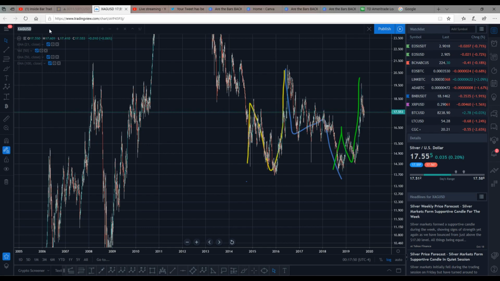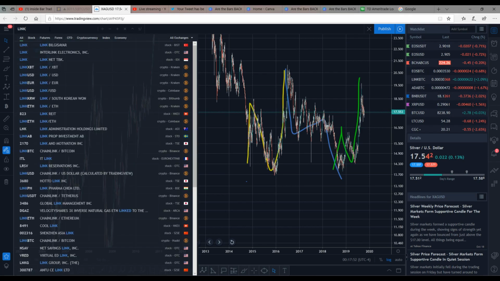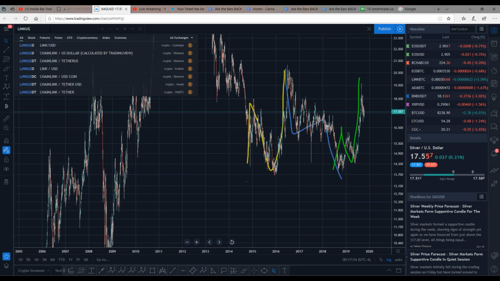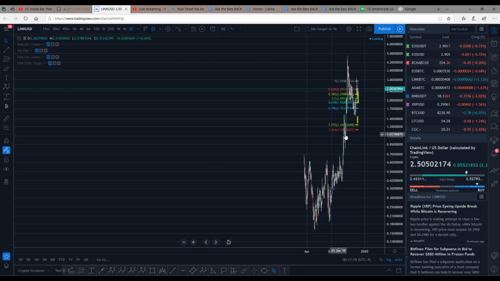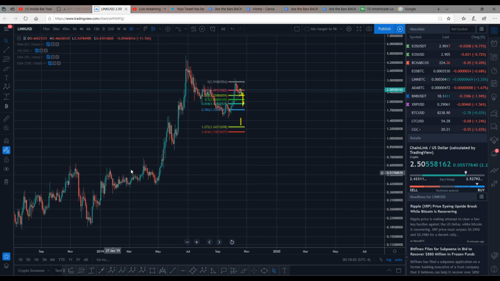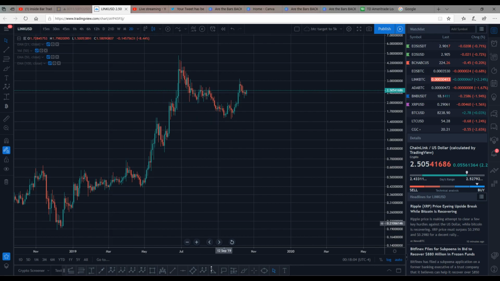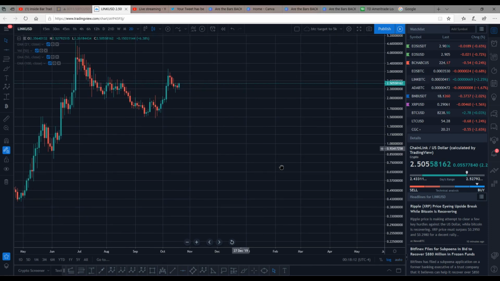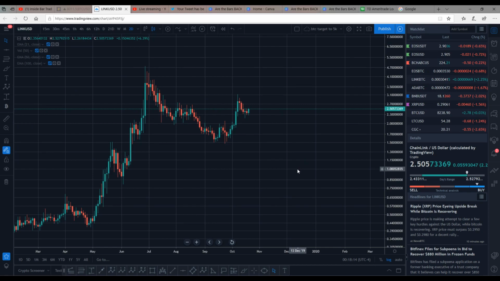Link USD. Current price is 250. So you're asking for a stop loss at 235. You mean you're shorting Link, right?